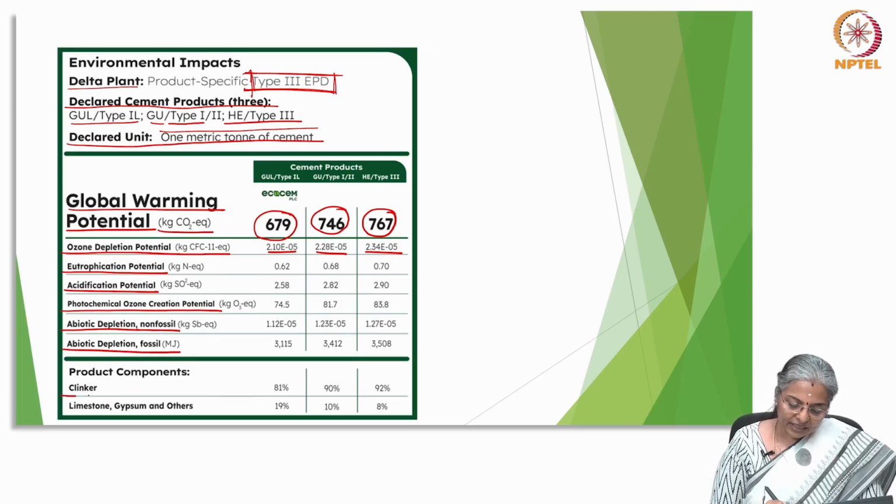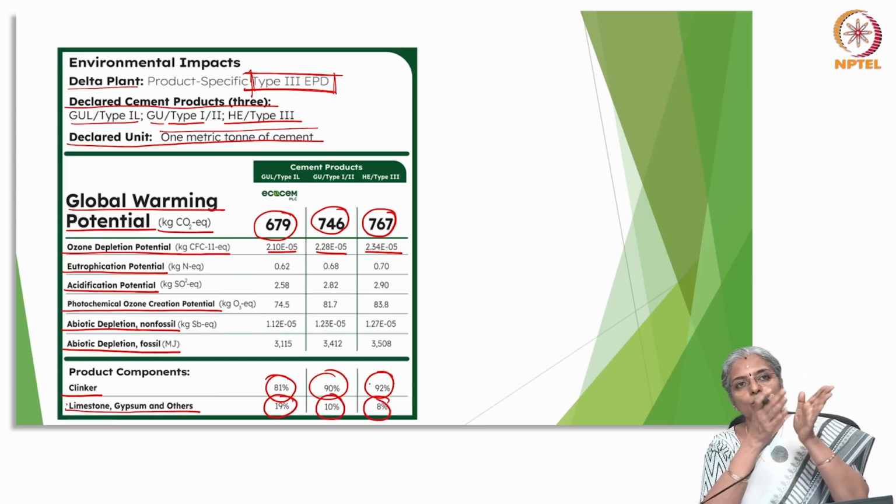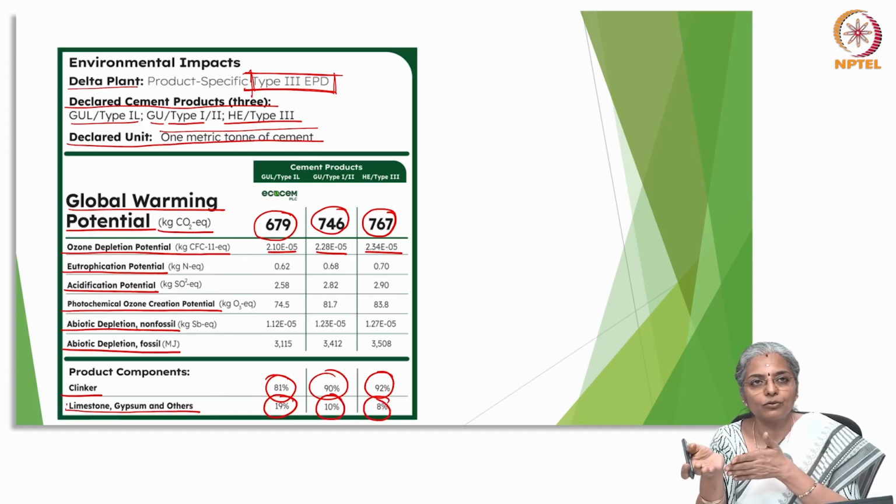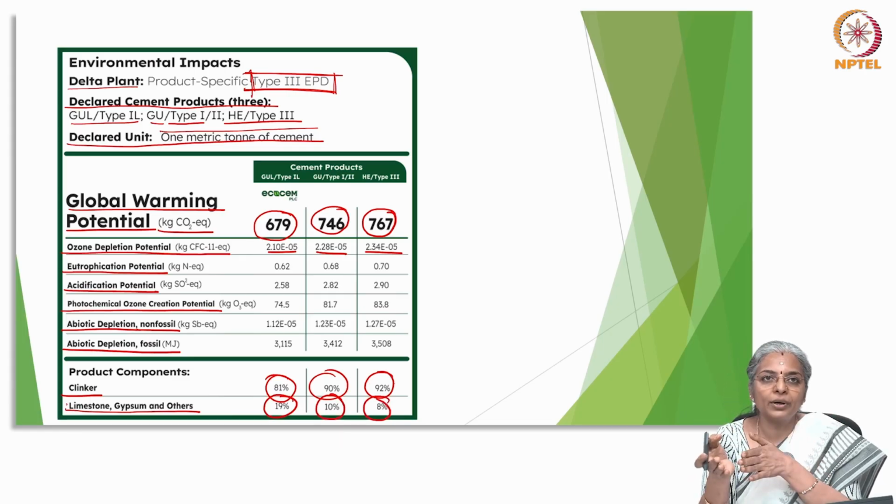Also the product components. Here what does it have? Clinker 81%, 90% and 92%, and remaining limestone or gypsum and others form 19% or 10% or 8%. So, what is it comprised of in terms of its component?